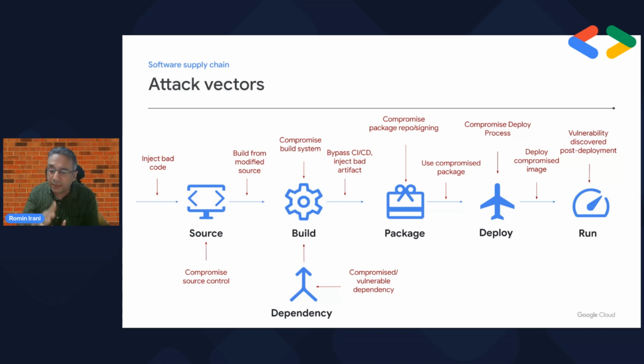They could even change the packages in some way or the other. Even in the runtime environment, someone could be trying to deploy a compromised image, and so on and so forth. So the point is that if you look at the entire supply chain, there are various attack vectors, and it's quite vulnerable throughout, and not just in the final run or deployment or production environment.